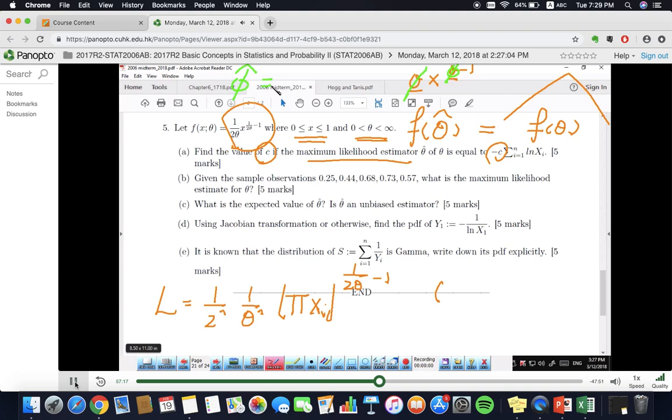It should be minus n over the sum of log xi, right? But now what is the relation between theta and 1 over 2 theta? Phi is just equal to 1 over 2 theta, right? And if we know the MLE of phi, we also know the MLE of theta hat as well.